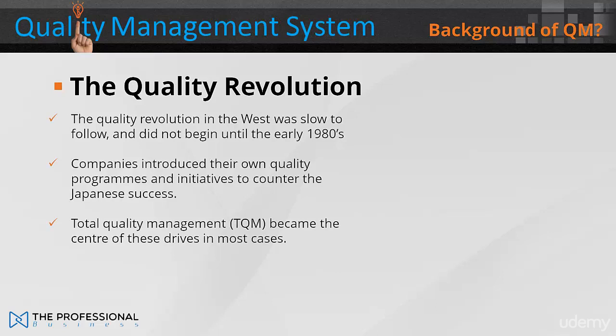The quality revolution in the West was slow to follow and did not begin until the early 1980s, when companies introduced their own quality programs and initiatives to counter the Japanese success. Total Quality Management, TQM, became the center for these drives in most cases.